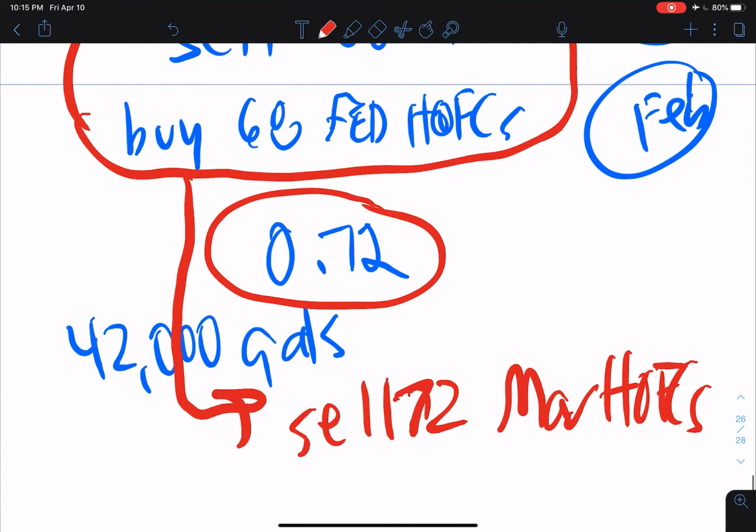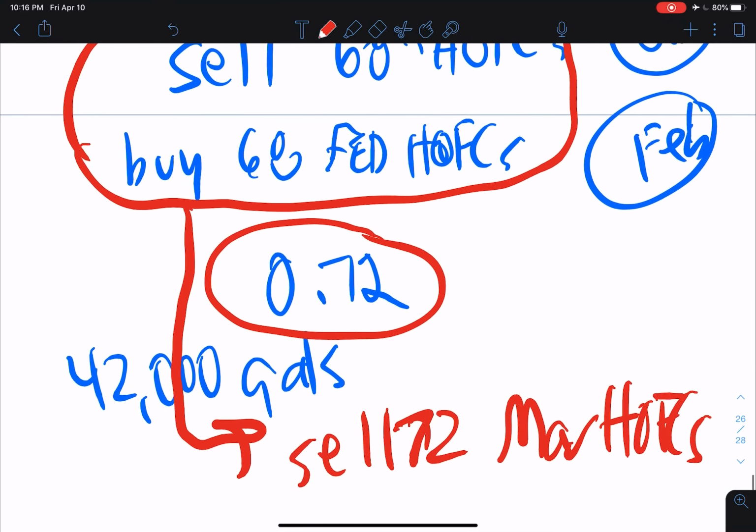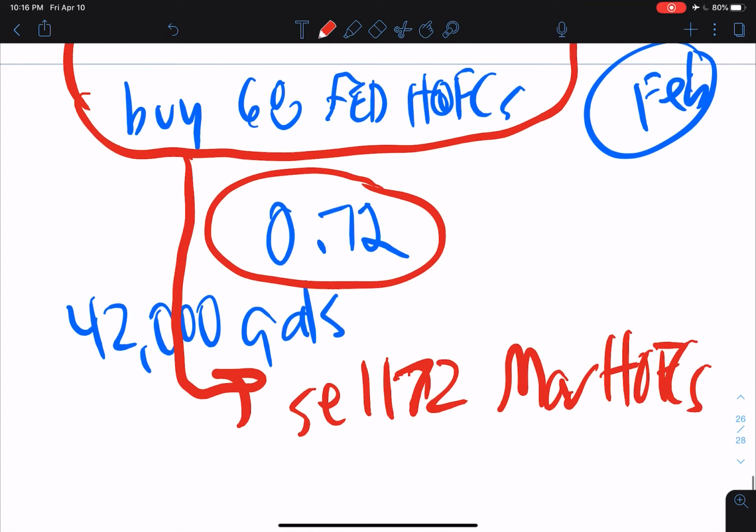So the idea here is that if your yearly beta differs from monthly betas, you may be better served by using your monthly betas.